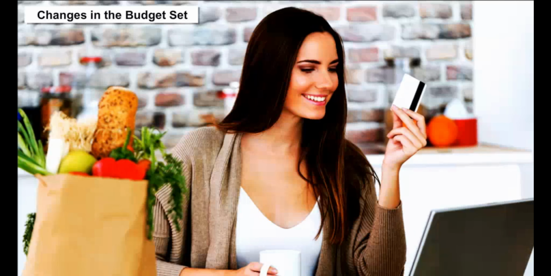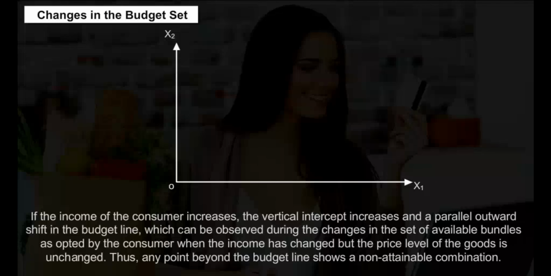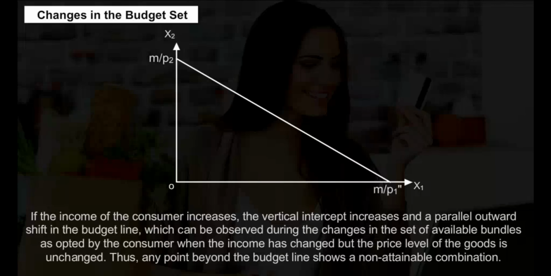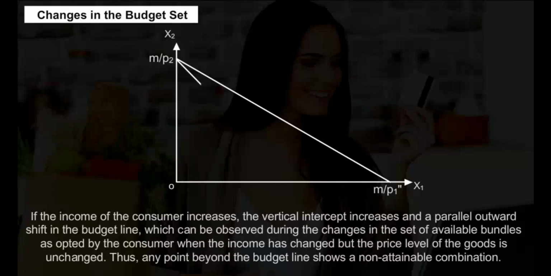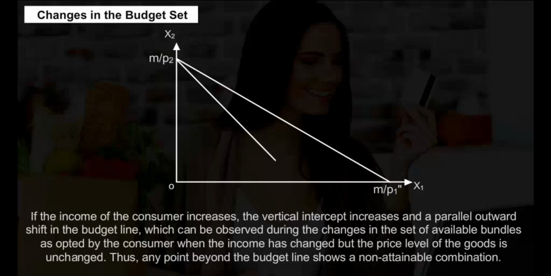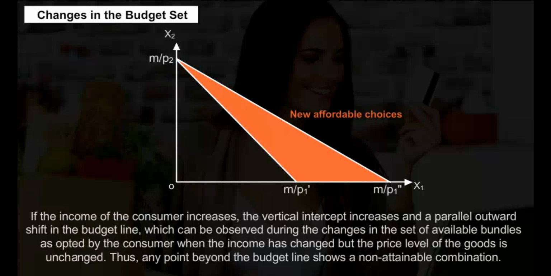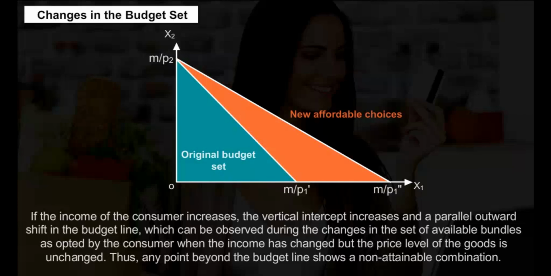Changes in the budget set. If the income of the consumer increases, the vertical intercept increases and there is a parallel outward shift in the budget line, which can be observed in the set of available bundles when the income has changed but the price level of the goods is unchanged.